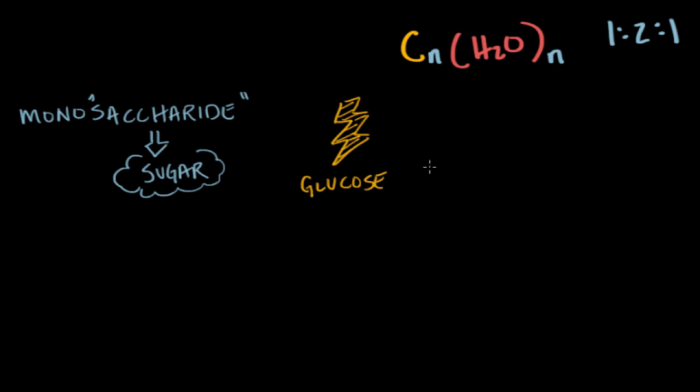You might have heard it in the context of checking blood glucose levels for people with diabetes, but glucose is a monosaccharide made of 6 carbons. You might also be familiar with the structural rigidity of cell walls in plants, and that rigidity comes from the rigid carbon backbone of several carbohydrates linked together to form the polysaccharide. So polysaccharides are several saccharides, several carbohydrates linked together, and we call that cellulose.